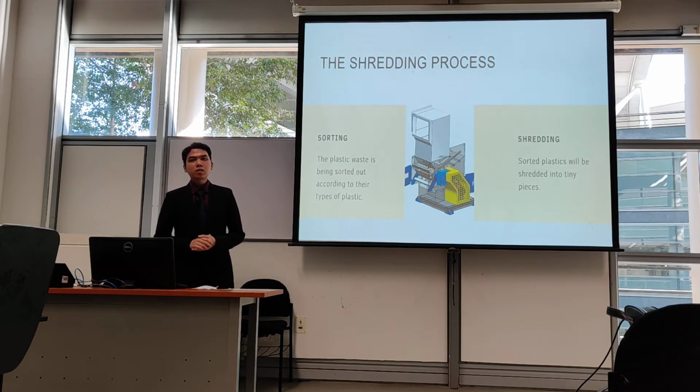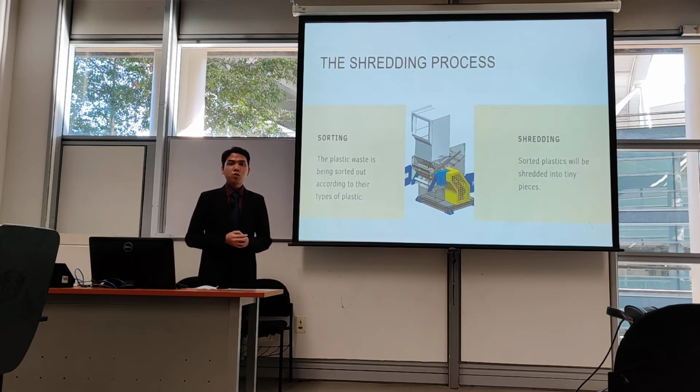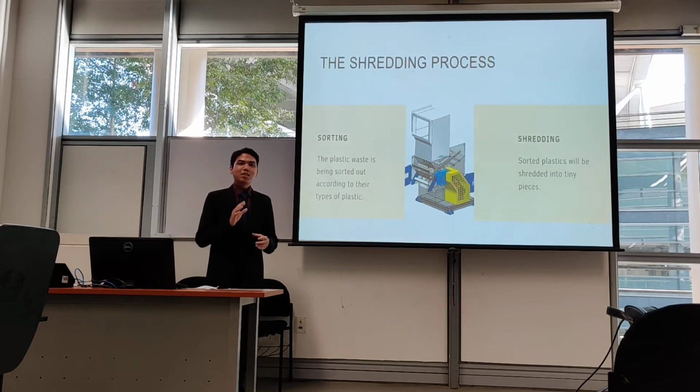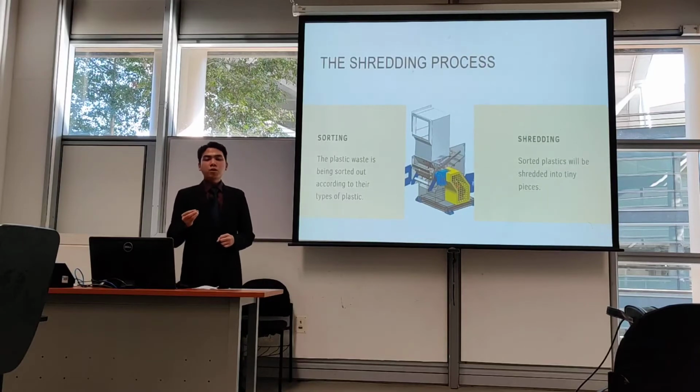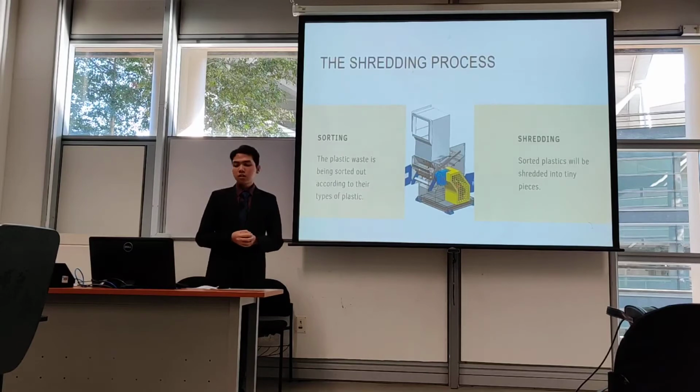The shredding process consists of collection, sorting, cleaning, and also shredding. For the collection, the plastic waste is collected from various sources, such as households, industries, and also the landfills. For the sorting, the plastic needs to be sorted according to its type, because different plastics have different properties.